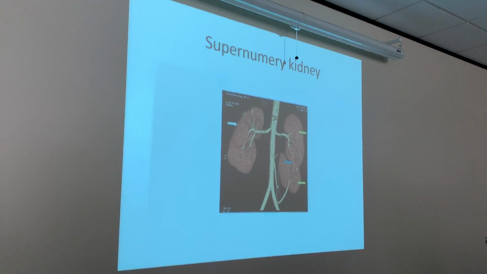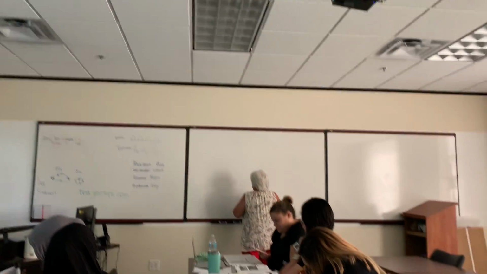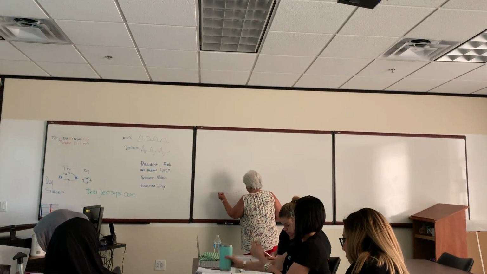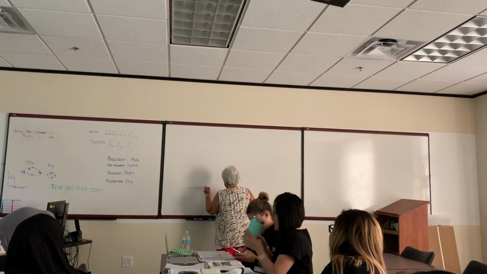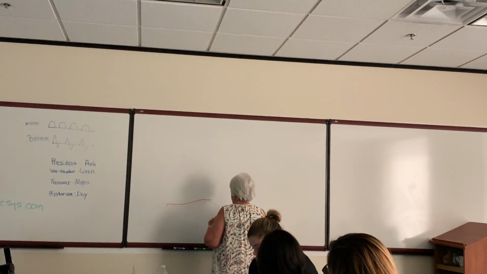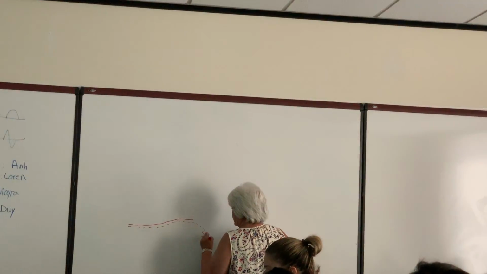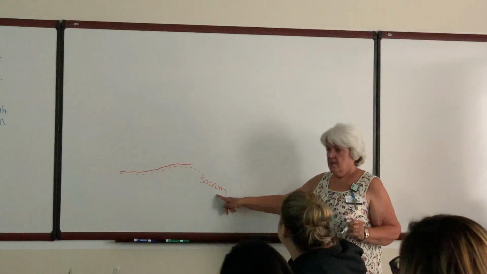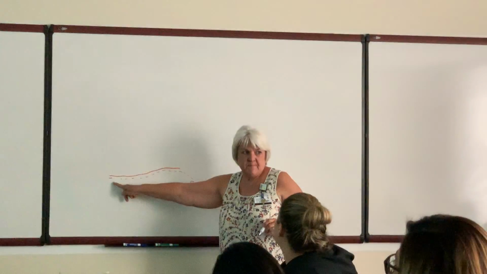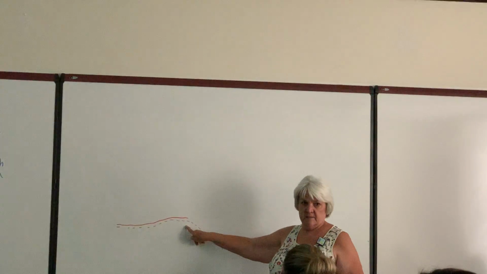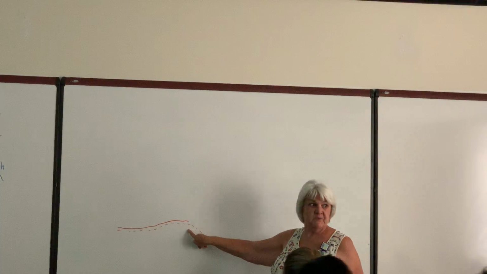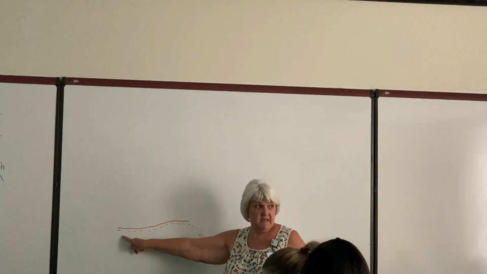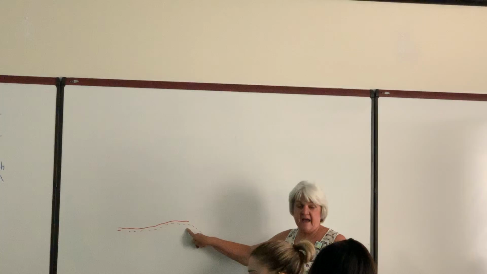Here's my spine. Here's my aorta. This is my sacrum. The aorta is deeper at the chest than it is at the belly button. Didn't y'all learn that with the depth? Whether you're looking at it here or here, you have to change the depth.